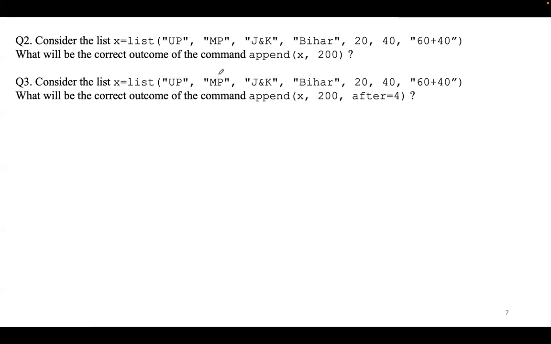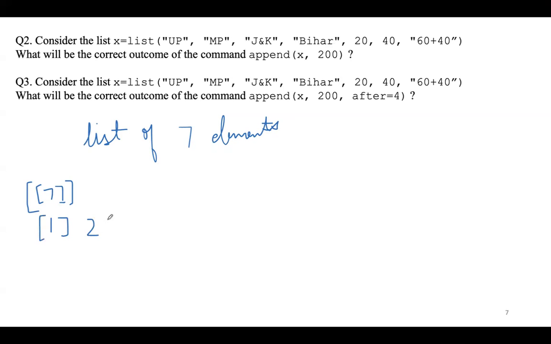Okay. So of course, both of them, the output is going to be a list, right? So list of 7 elements, both of them. I'm not writing the entire thing, but of course, in this case, your 7th element here is going to look something like this, for this one. And in this case, it's after 4.